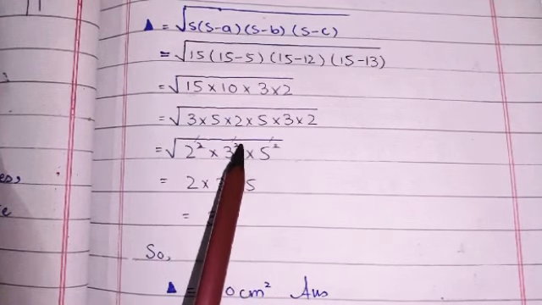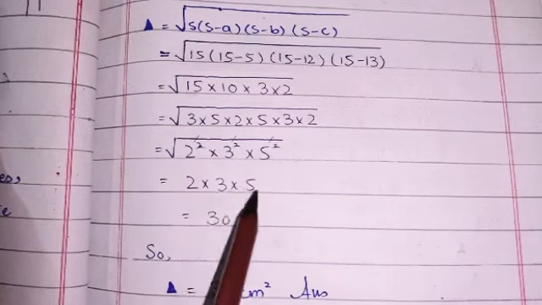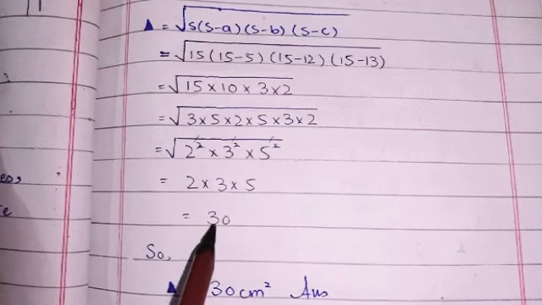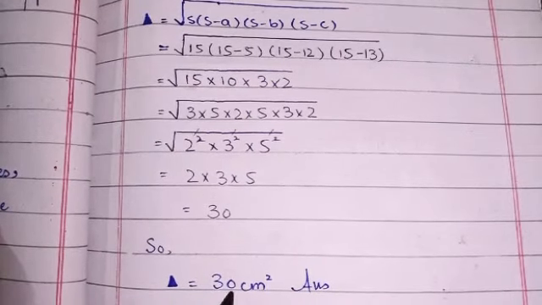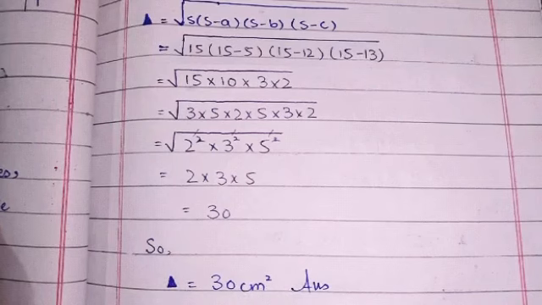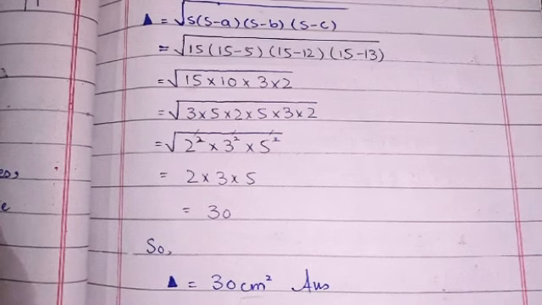Square of numbers cancelled with the square root, so we got the numbers 2 into 3 into 5. We will multiply the numbers, then our product is 30. So the area of triangle is equal to 30 centimeter square. Students, remember always in geometry questions you must write the unit with the answer of the question.